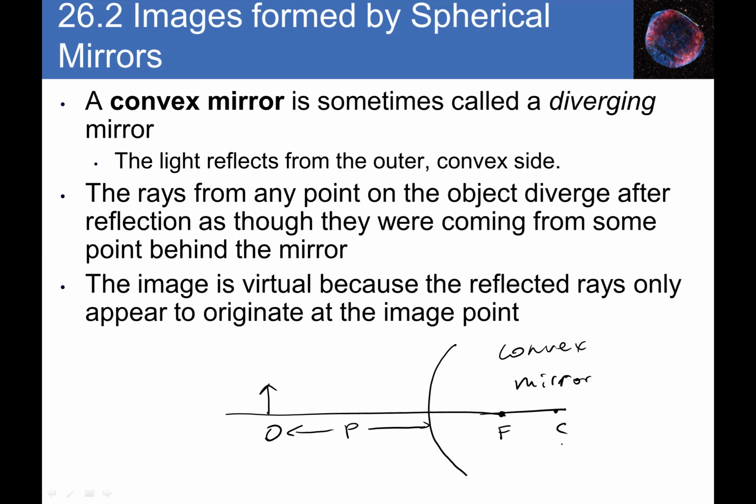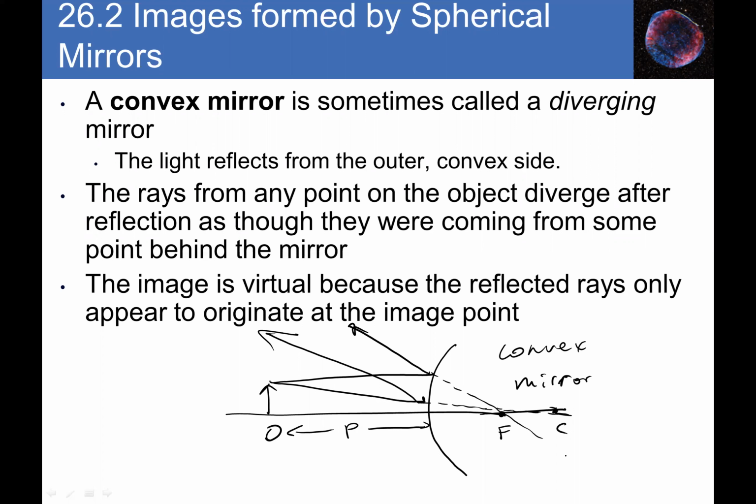So one ray that technically has to go through point C goes like this. Let me try again. It goes like this, but point C is on the other side, so we extend it so it goes to that point C. And then the other one has to go to the point F. Let's say it goes parallel, and then it reflects like this. So then it has to go to this point F, right?